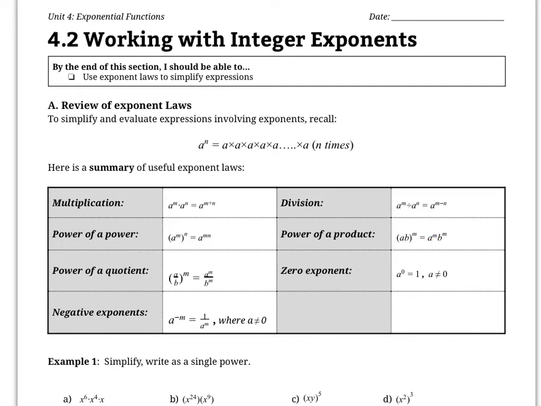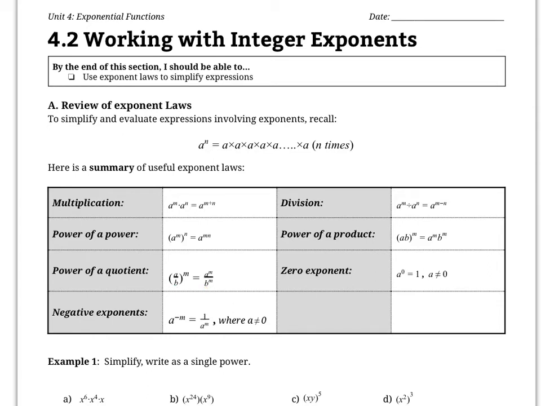So to make something simple, if we have two terms multiplied together all raised to the same power, we can separate them. So it's almost like distributing this exponent. So we can separate it into one factor to the power of m times the other factor to the power of m. And similar to when we have a quotient, so two terms being divided all raised to the same power, we can break that up into the numerator to the power of m and the denominator to the power of m.